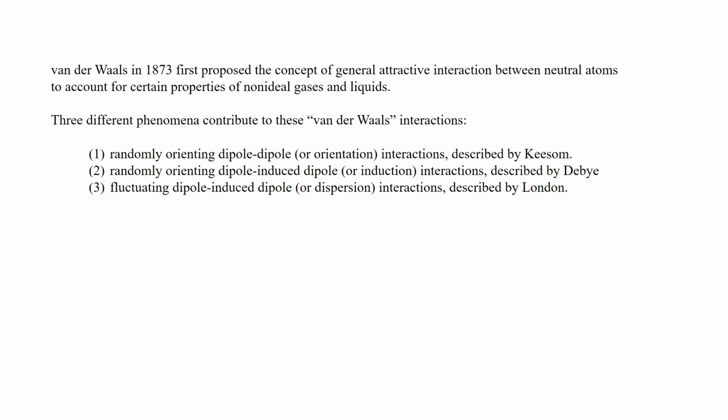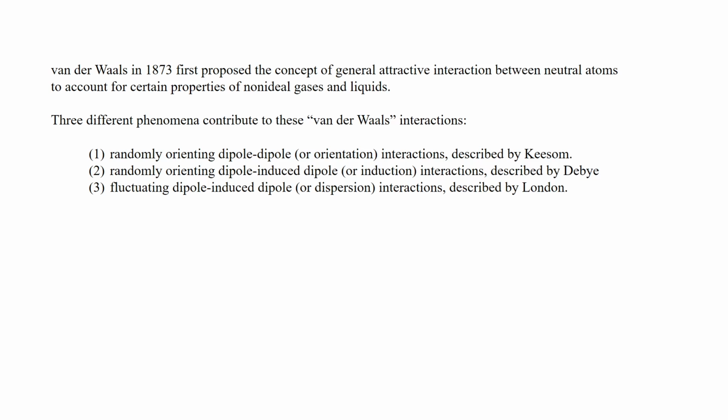So, how did the idea of surface energy and interfacial energy come about? Van der Waals in 1873 first proposed the concept of general attractive interaction between neutral atoms to account for certain properties of non-ideal gases and liquids.